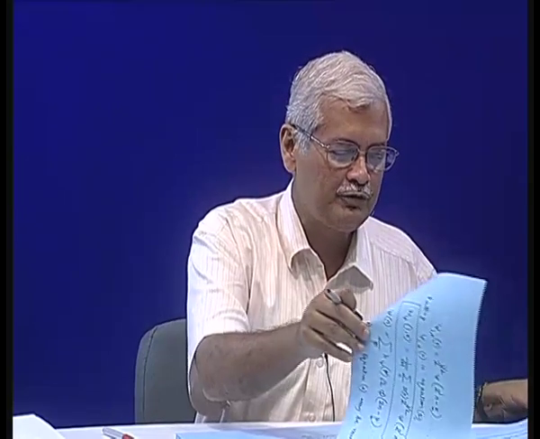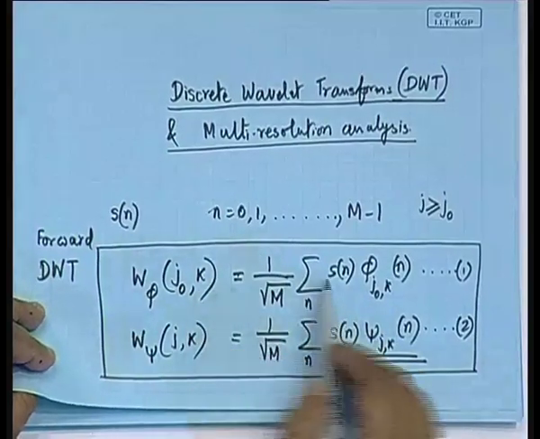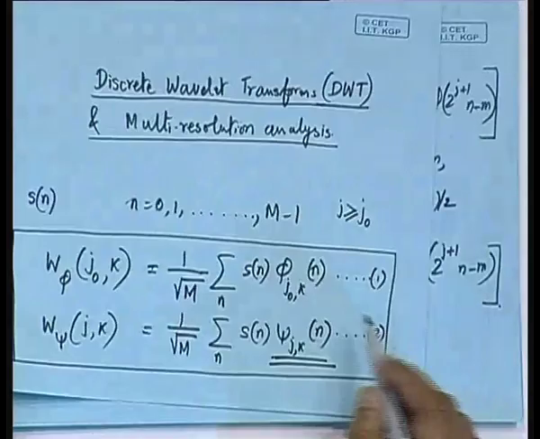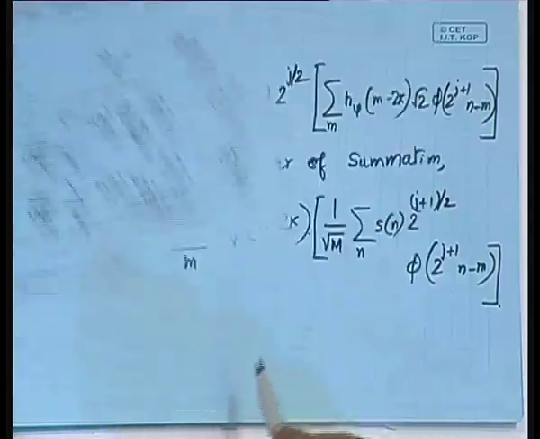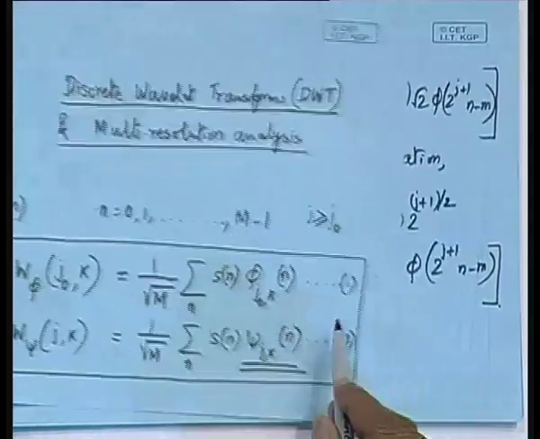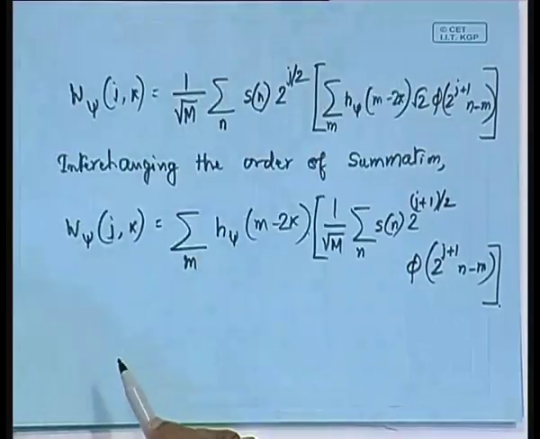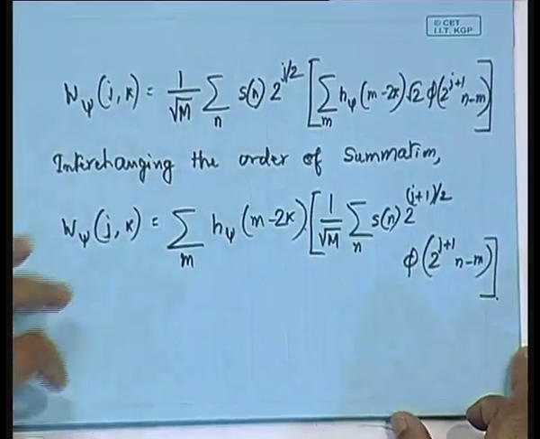This is very interesting, because if you look at W phi j 0 k, it has the form of S n phi j 0 k, and in this case instead of j 0 it becomes j plus 1.